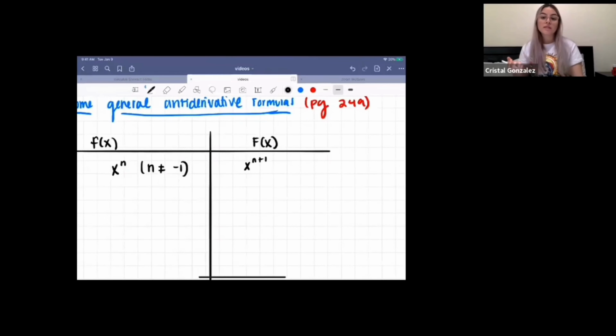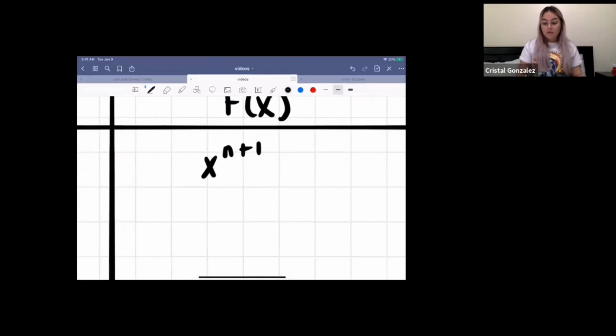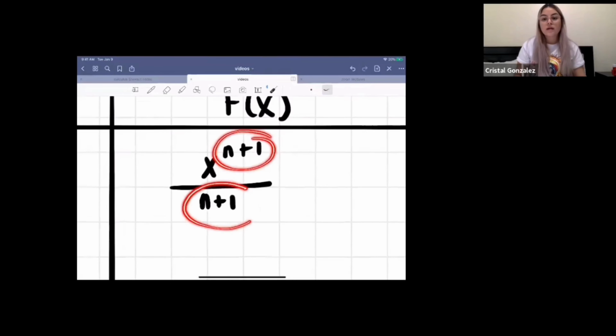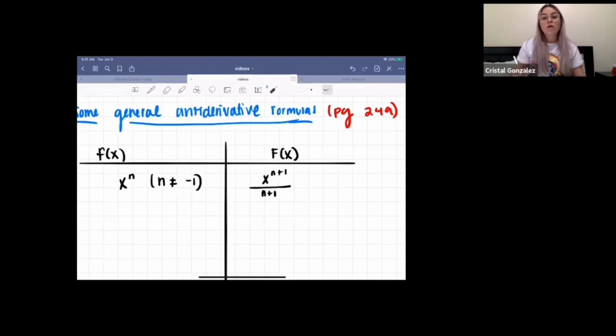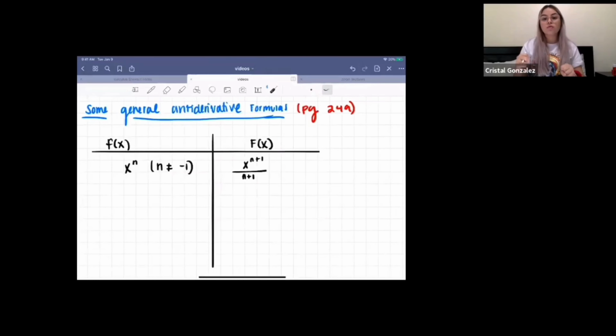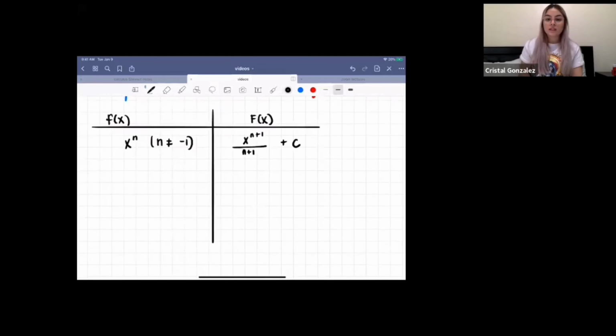So now you're doing the opposite of when you did a derivative. When you did a derivative, you pulled that power up to the front and then subtracted 1. And now we're compensating for that, since we want the antiderivative, by adding 1. And now we're also going to divide by n plus 1. So remember that when you have the antiderivative, you always divide by that power. They're the same. And since these are what are called indefinite integrals or general antiderivatives, we're going to need to include that plus c. We always need to include that plus c.